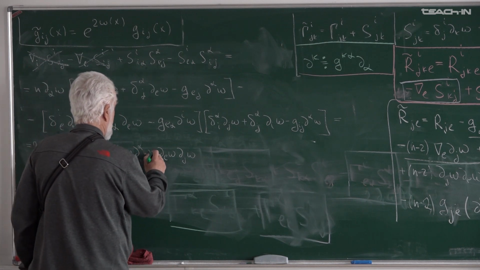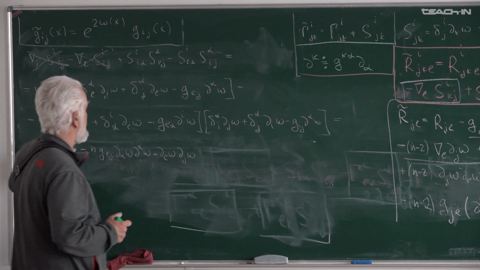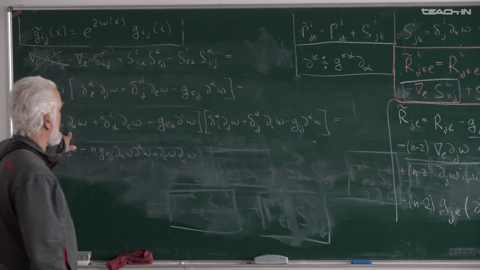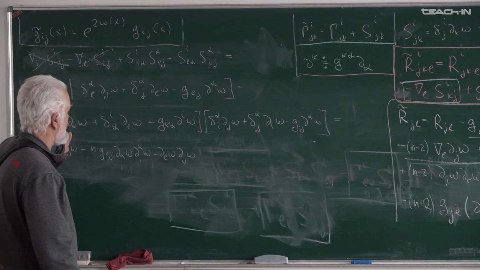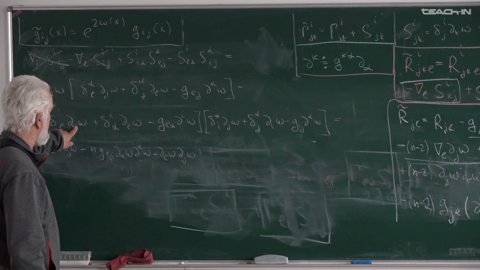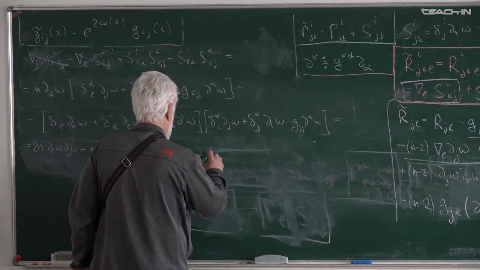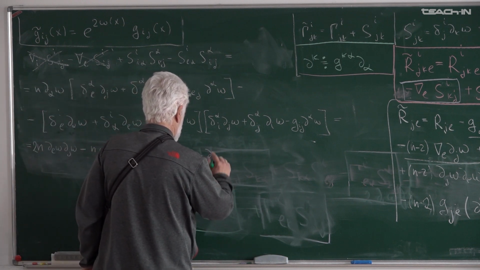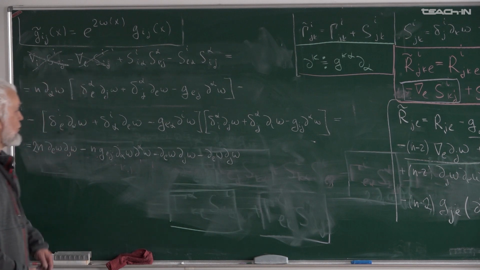Minus the second, this product. Let's have the second term. Second term, so by alpha, the dj alpha, j alpha omega.